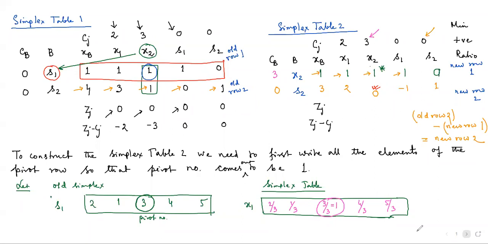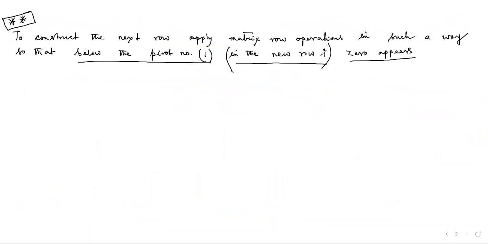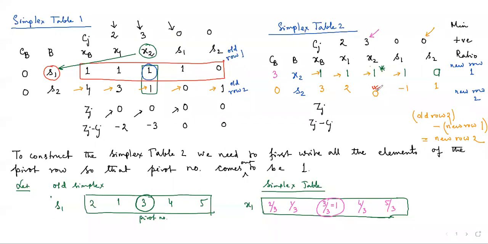What was our objective? To bring 0 below the pivot number. We have obtained 0 below the pivot number by this operation. I am writing the operation here once again. Old row 2 minus new row 1 will become new row 2.